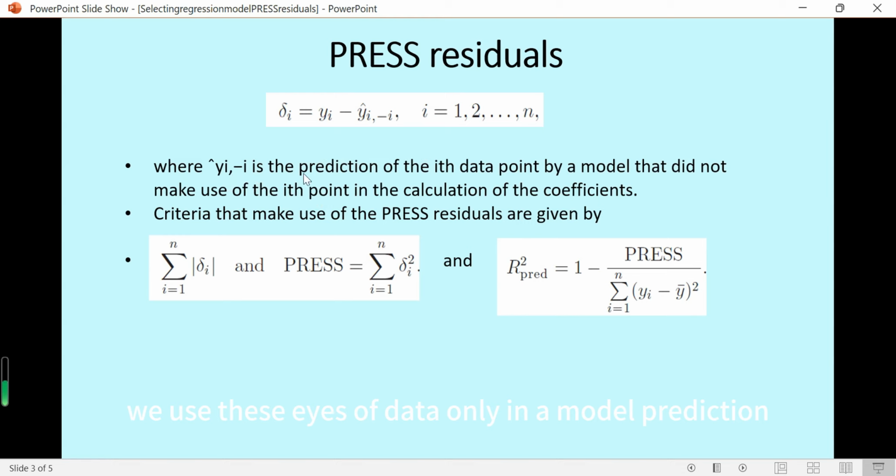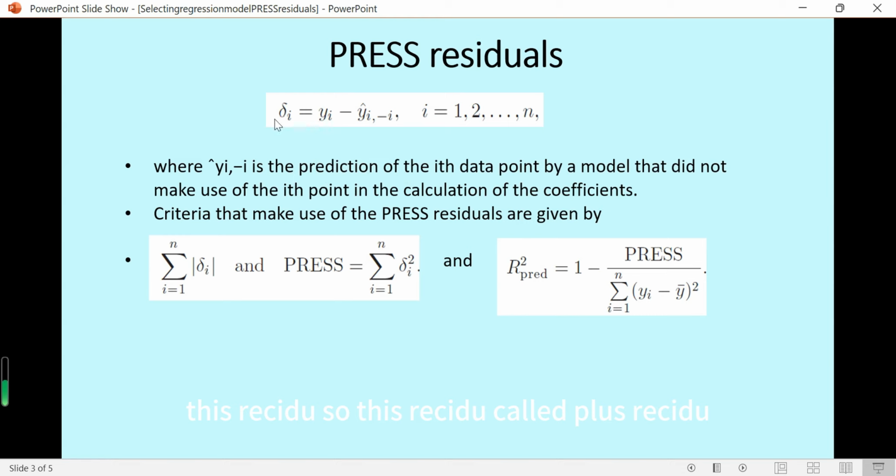We use the i-th data only in the model prediction. So for example, we have 100 data observations, then we take one of them out and we use the rest 99 observations in estimating the model. Then we use the coefficients of the estimated model to predict the i-th data. Then we get this residual.